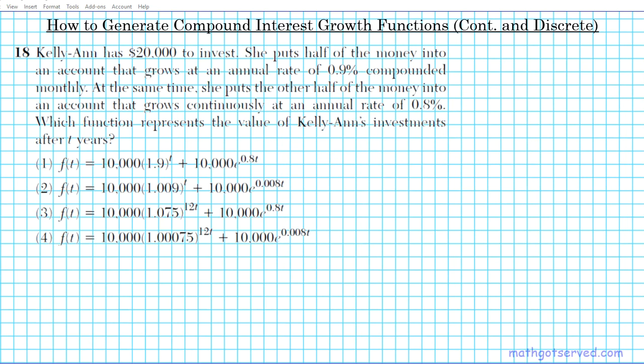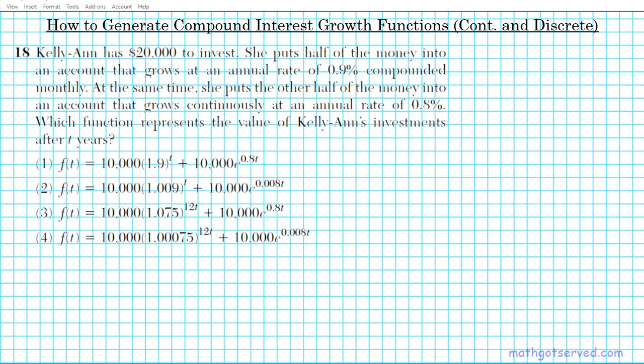In question number 18, we're going to be looking at how to generate exponential models. We're going to be looking at the compound interest growth functions for scenarios where the growth is continuous and where the growth is discrete. Question 18 reads, Kelly Ann has $20,000 to invest.